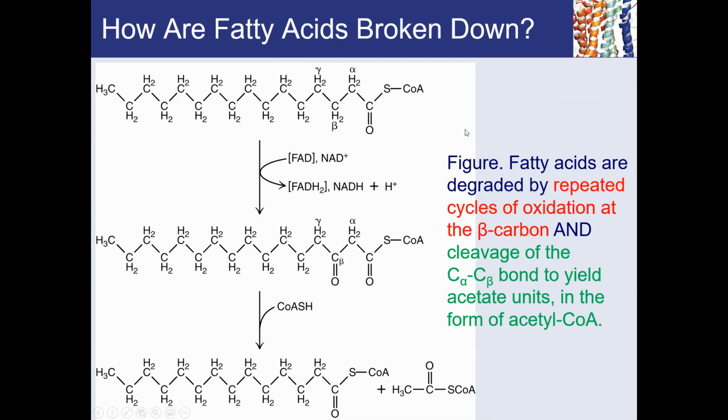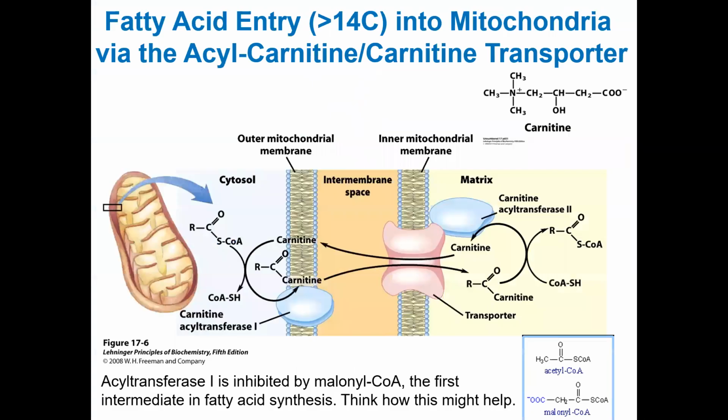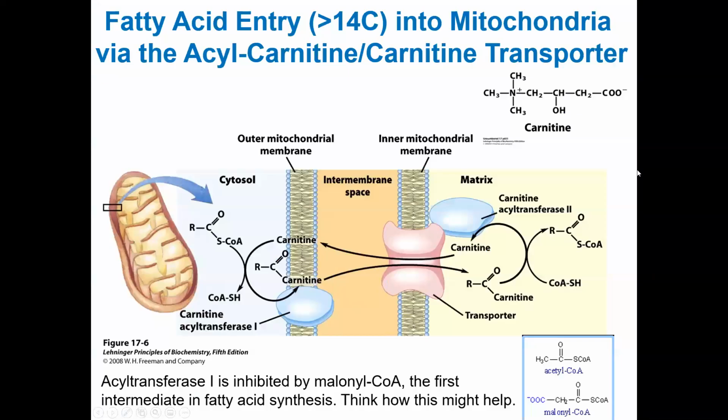Once it is activated as a coenzyme A ester, it turns out that if its carbon count is 14 or more, it has to utilize this carnitine transport system, where, let's say, a 16-carbon fatty acid in the activated form will first get converted to a carnitine ester, and then the reverse reaction will happen in the mitochondrial matrix, and you have regenerated your activated fatty acid.